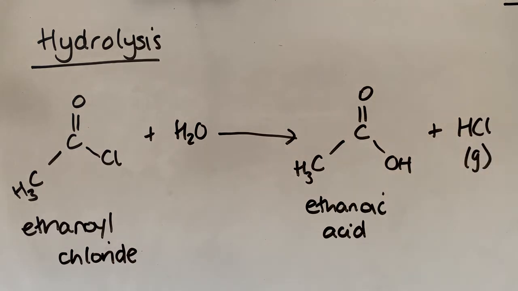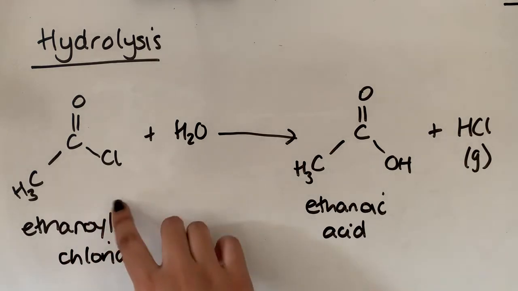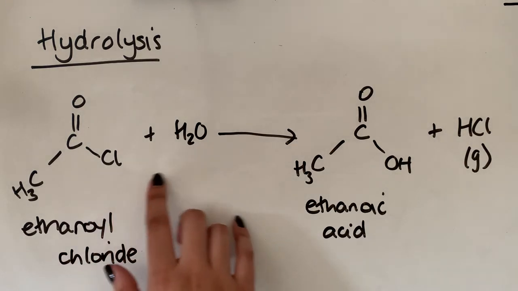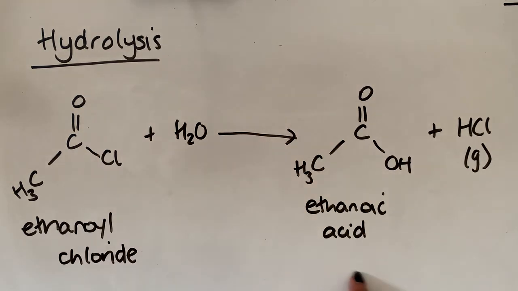And this reaction here is actually quite a vigorous reaction, so that hydrogen chloride gas is quite fumey when it's coming off. Okay, so that's us showing that acyl chlorides can be broken down using water to give the parent carboxylic acid back.